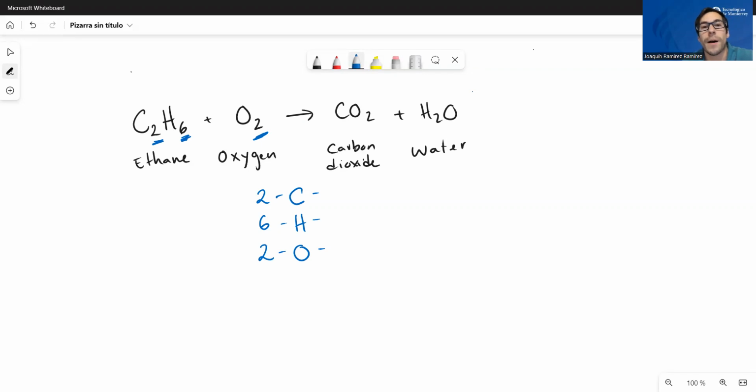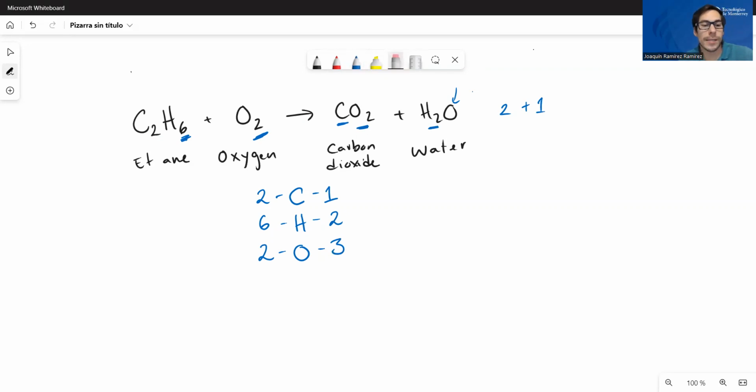In the right part of the equation, I have 1 carbon atom. I have 2 hydrogen atoms. And I have to count all of the oxygens from both molecules. So in the case of CO2, I have 2 plus 1 from water. So I have a total of 3 oxygen atoms.